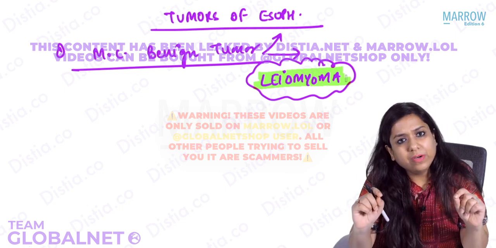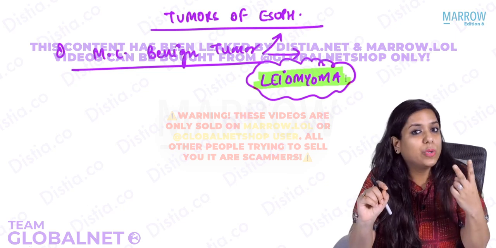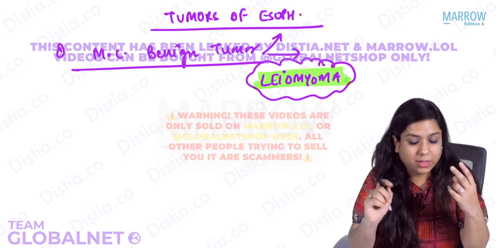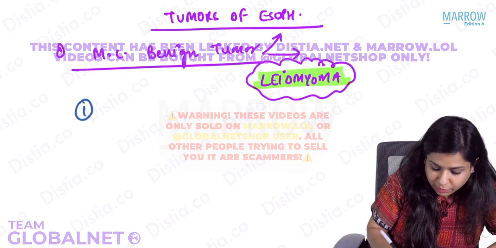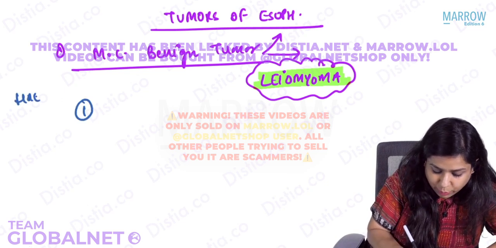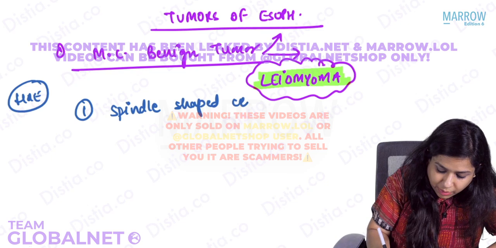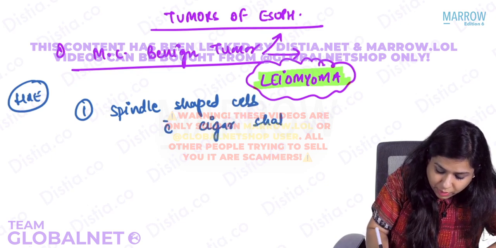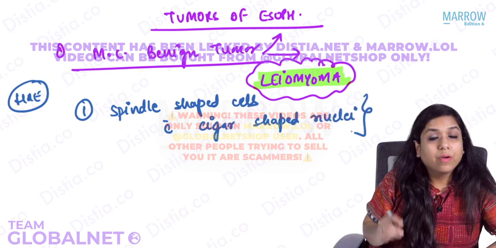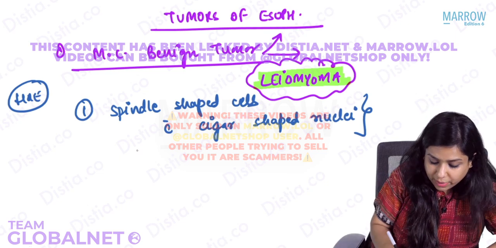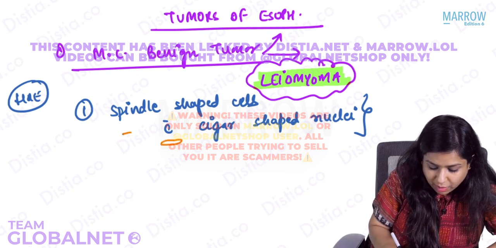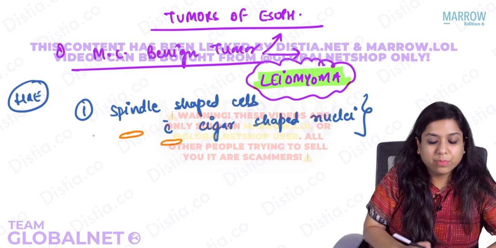Now, students, wherever in the body there is a leiomyoma, you have to remember two important things. One thing is that microscopically it shows the presence of spindle-shaped cells with cigar-shaped nuclei. Very important. Cigar-shaped. Why? Because it looks like a cigar. That is why it is called cigar-shaped nuclei.